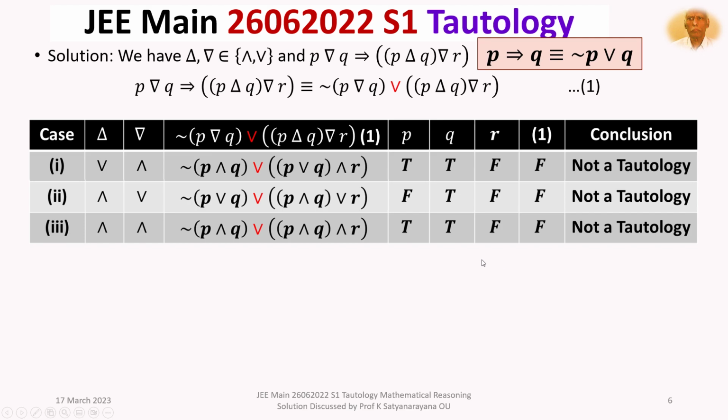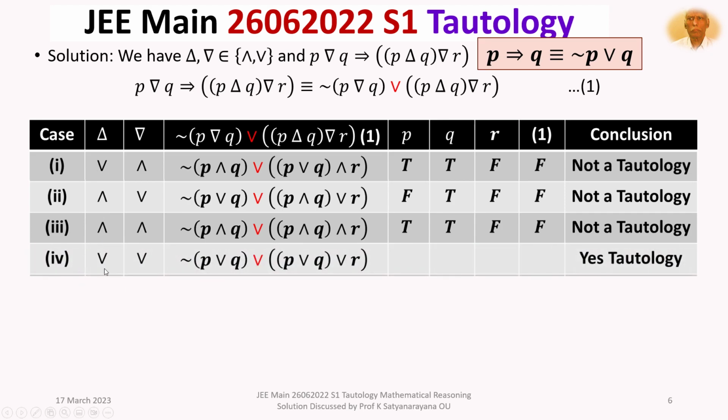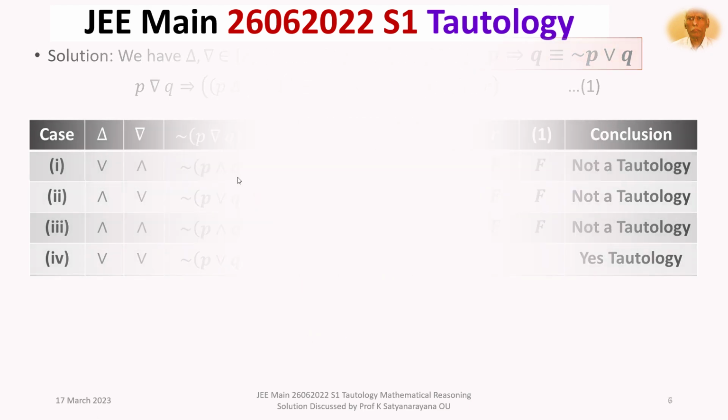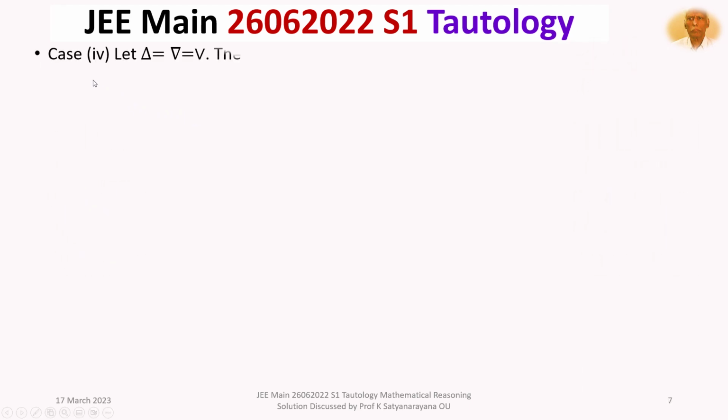Now, obviously, the fourth case will be a tautology. So delta is R, del is also R. Then the above expression 1 will be a tautology. How, we will show you in the next slide. Case 4.